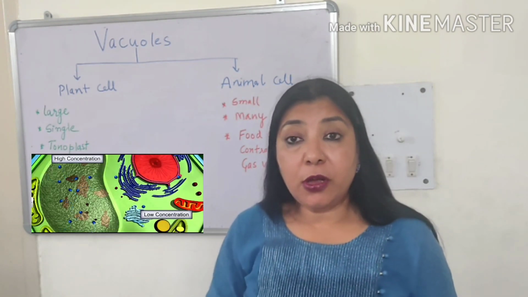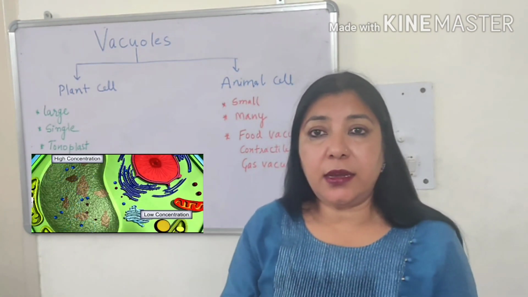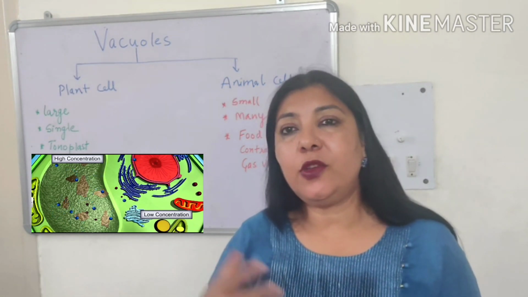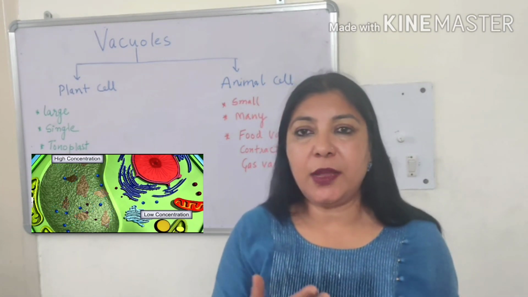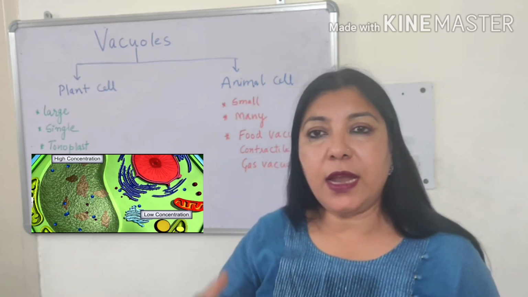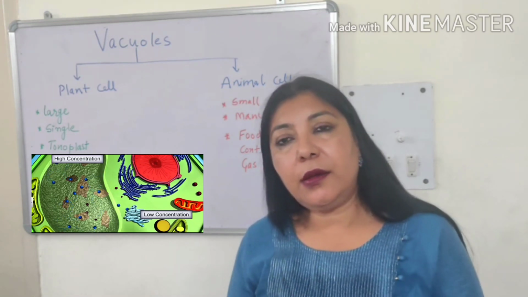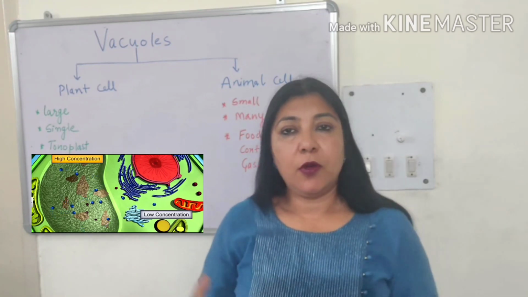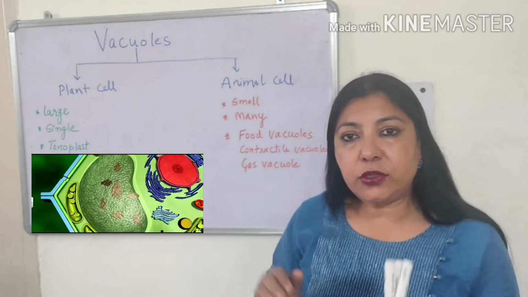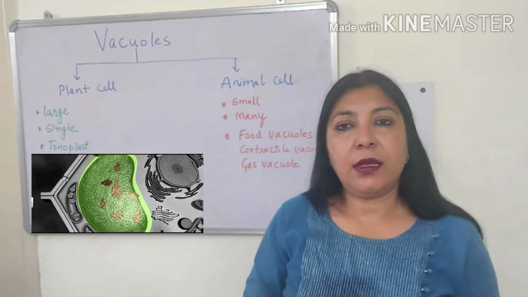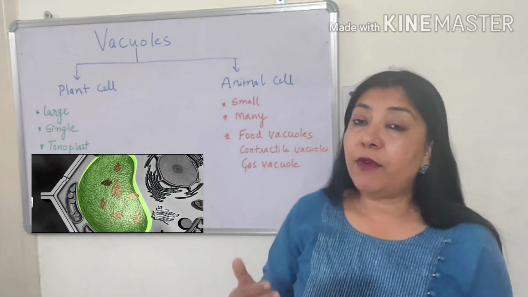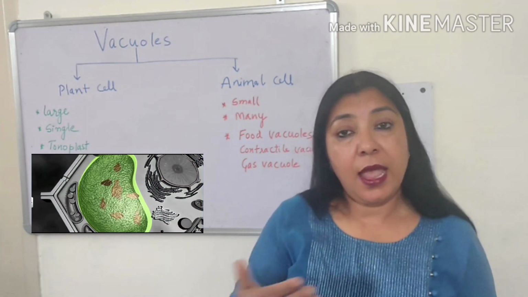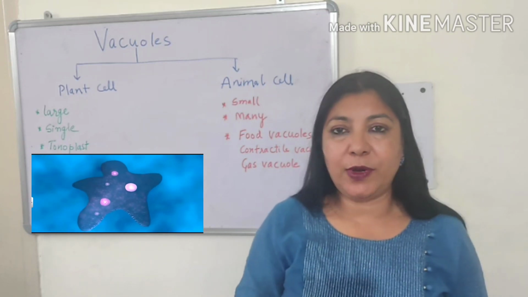Why? Because the storage is done actively by the use of energy. So last time I told you, whenever energy is utilized, the transportation is against the concentration gradient. So most of the cells store the ions in the vacuoles. That's why vacuoles are hypertonic as compared to the cytoplasm.